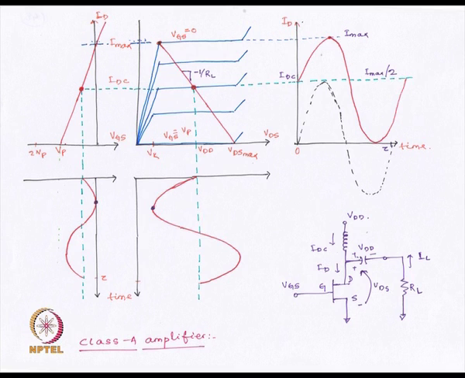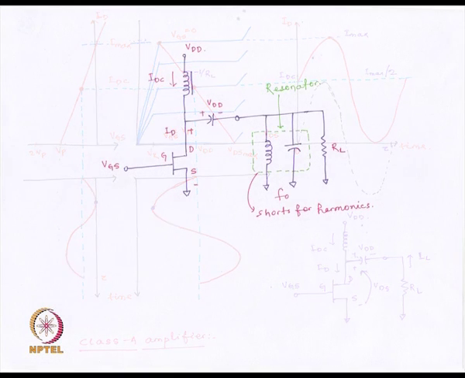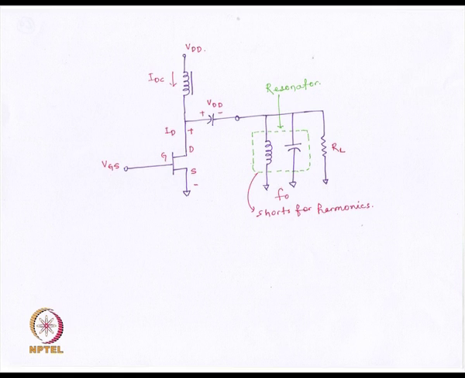Since our ID is a sinusoid, our VDS is IL multiplied by RL, which is also a sinusoid like this. This is basically our output voltage, which is also a perfect sinusoid. So, this is the class A operation.